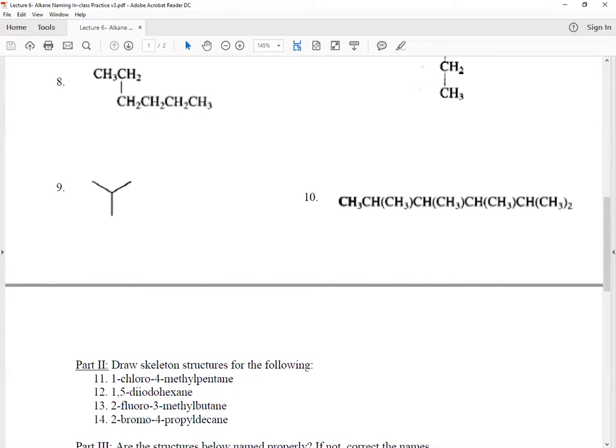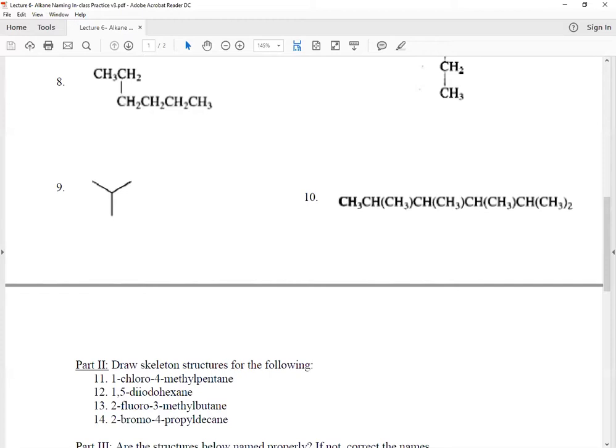Because think about it. If this methyl group were on carbon number 3, would that still be a propane? It'd be just butane, right? So technically, you don't even need that 2. I'm not going to count you wrong if you put it. But there's only one place for a propane to have a substituent.